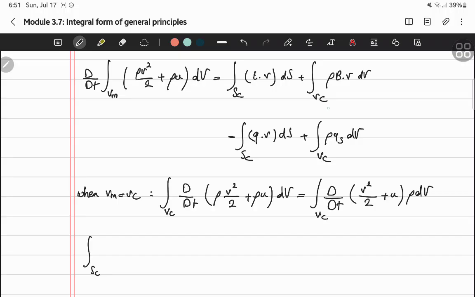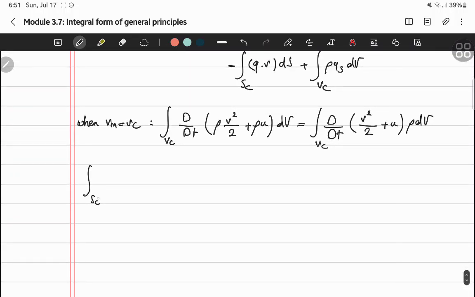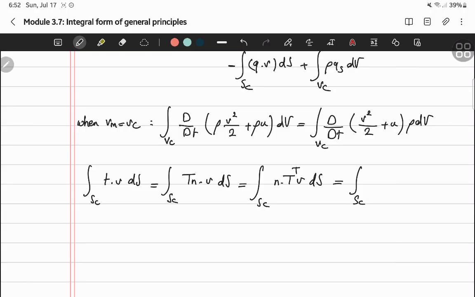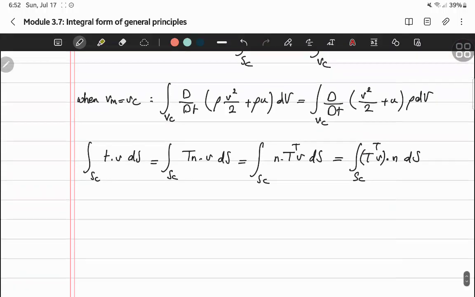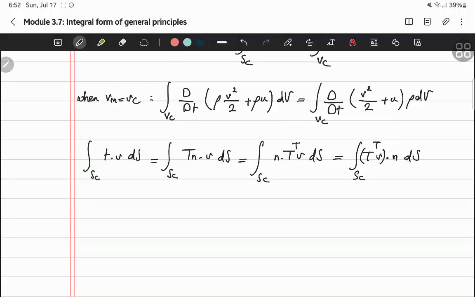So I have the integral over Sc of t_n dot v dS, which I can write as n dot t transpose v dS, which is equal to the integral of t transpose v dot n dS.